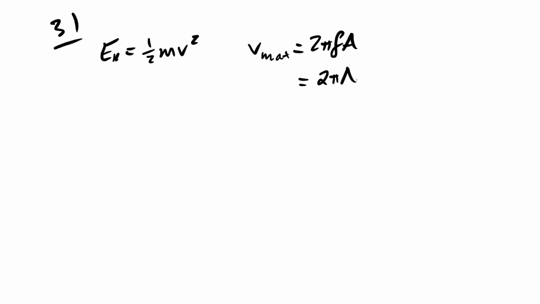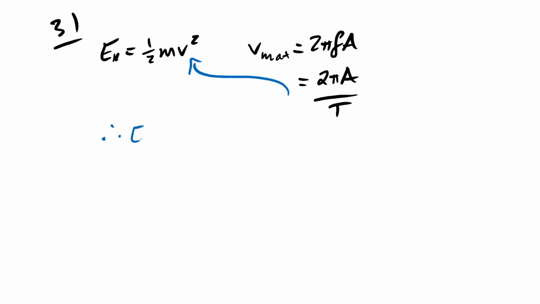Finally, 31, particle is oscillating, blah, blah. What's the maximum kinetic energy of the particle? Kinetic energy, well, we know that EK is equal to half m v squared. V max in this case, if we're looking for the maximum, and we know that V max is equal to 2 pi f A. We're being given it in terms of time period though, so we're going to replace f with 1 over T. Let's pop this in here.